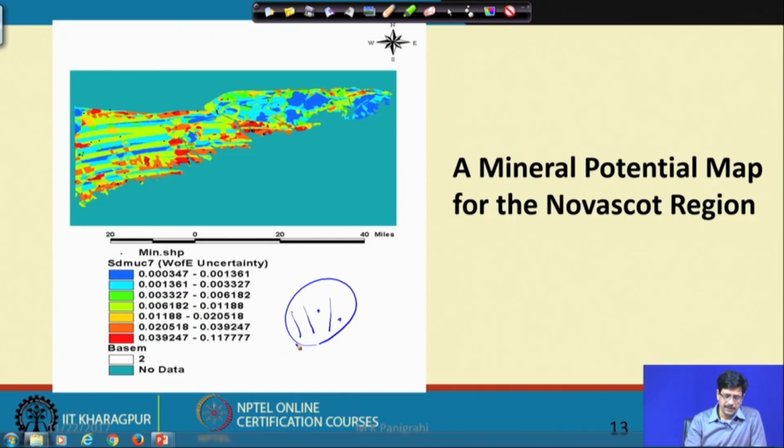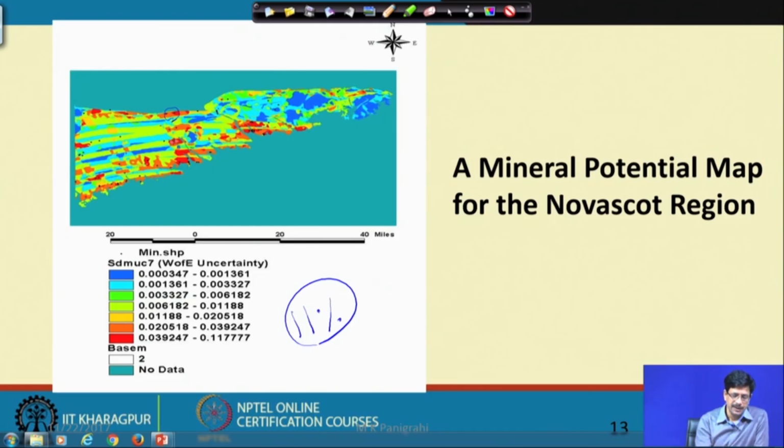Even with such low values shown as probability, what we are seeing in this map is that all those areas which are shown as very high probability, going up to 11%, are already also containing the deposits, like in this situation here. In many other situations, the high probability areas already are showing the deposit to be present. So, that gives us a kind of validation of our procedure, even though it could still have some errors here and there which could be further rectified.